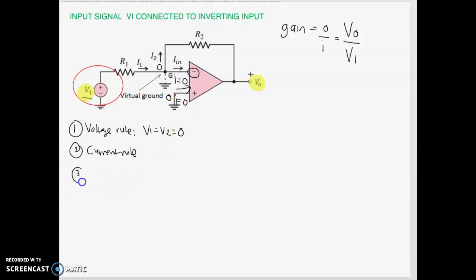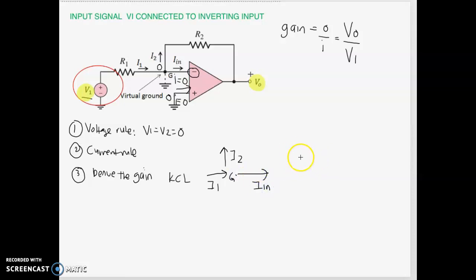Number 3, where you start to derive the gain. So how are you going to derive the gain? We are looking at the current here, so you apply KCL. Here is I1. Going out is I2. This is the point G, virtual ground, and going out here is I in.